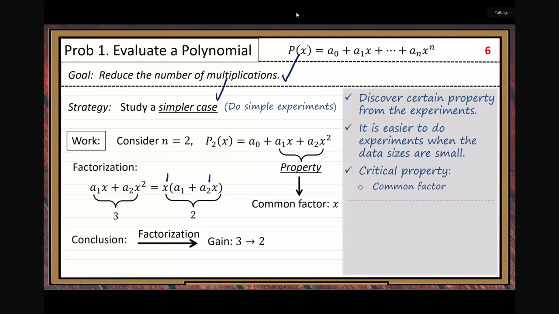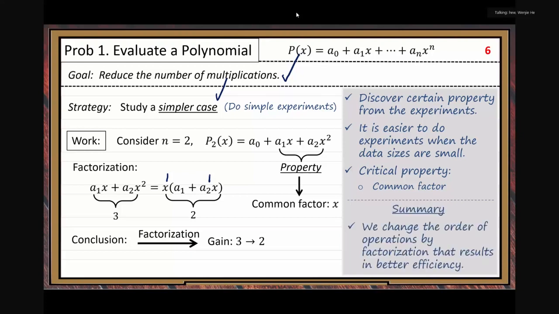That's pretty good. For a quadratic polynomial, you can reduce multiplication by 1. For higher degrees, you have a chance to reduce more multiplications.